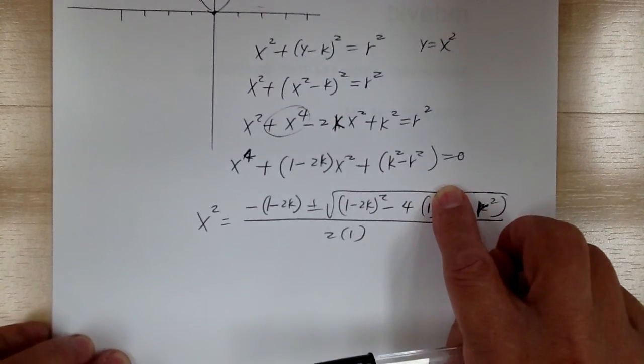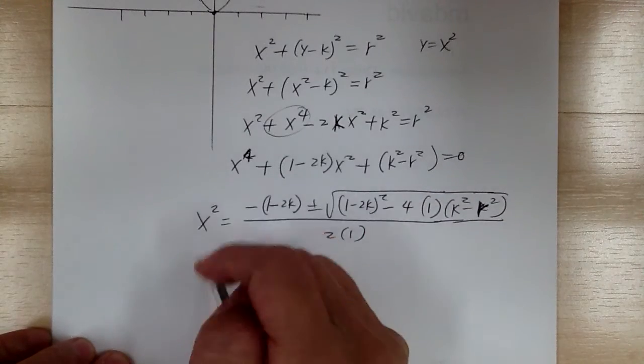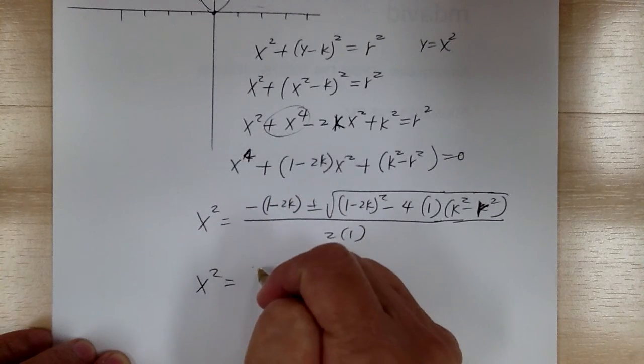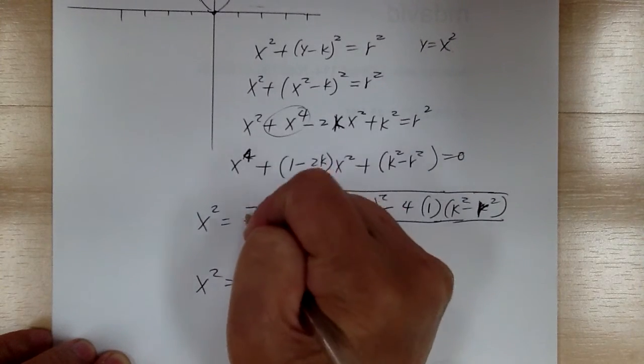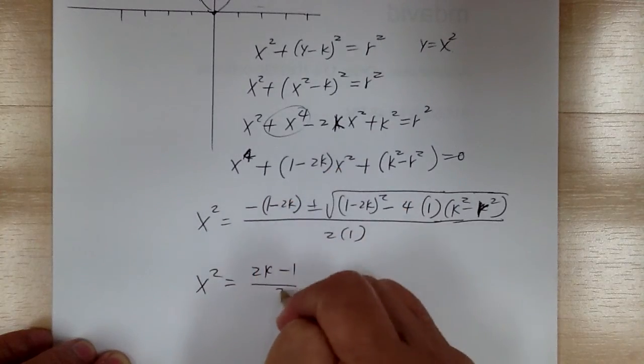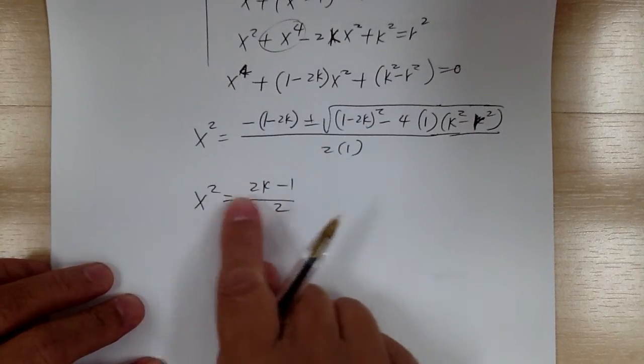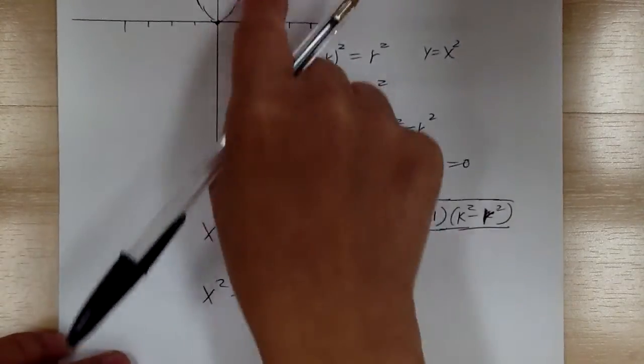So we're just going to do this part of it. You've got x squared equal to negative b over 2a, so that gives 2k minus 1 over 2. Again, this has to equal 0. And again, if you take the square root, you get plus or minus, so 2 answers. Right?